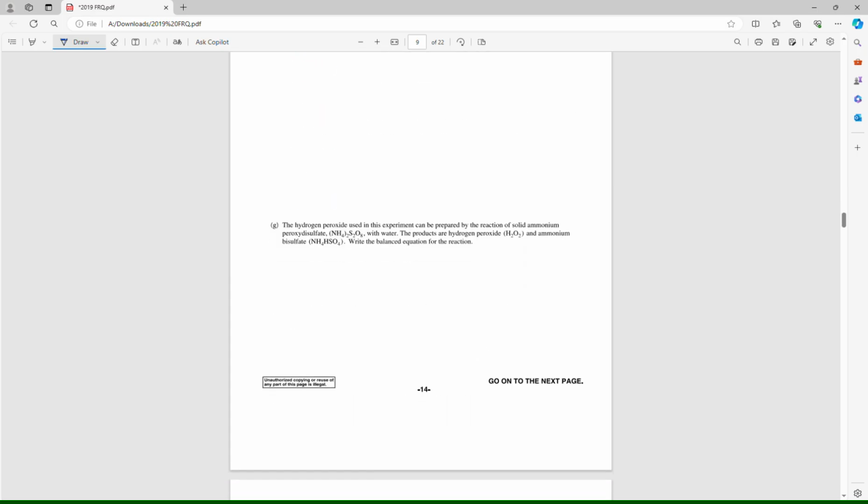All right, G. So for G, it's just write a balanced equation. There's a couple ways you could do this one. You could do a net ionic equation if you preferred, but I think the simplest approach is just to write it out as is.